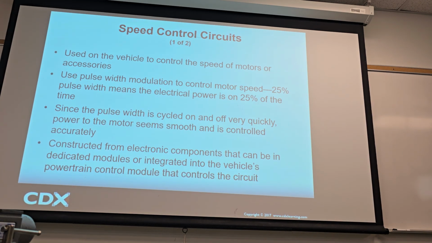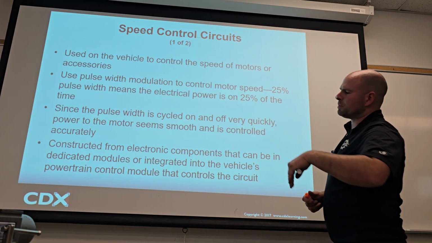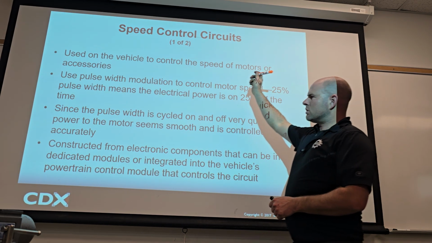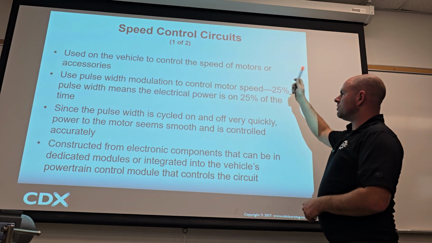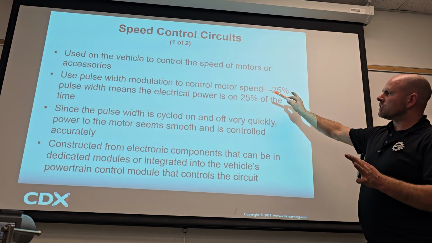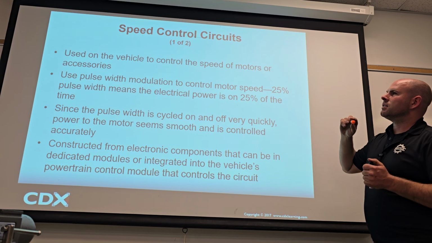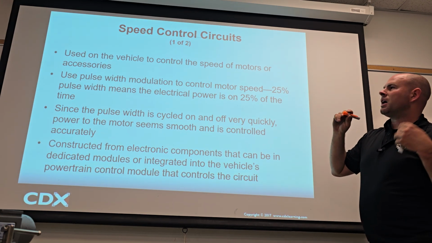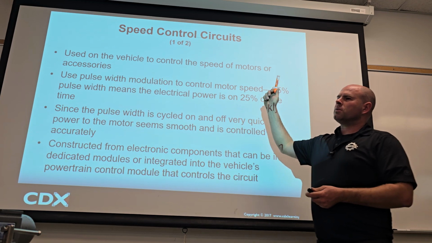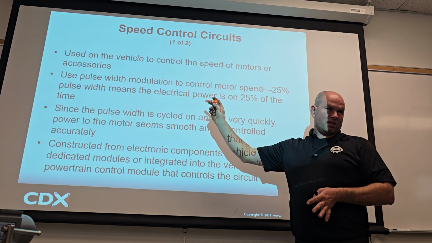Cool. And then speed control, for example, we talked about that motor a little bit. If we wanted to speed that blower motor up or slow it down, a lot of times we'll either use pulse width or we could use duty cycle. But let's just say loosely, if you wanted the motor to go kind of slow, you might have it on 25% of the time, which would mean it's off 75% of the time.